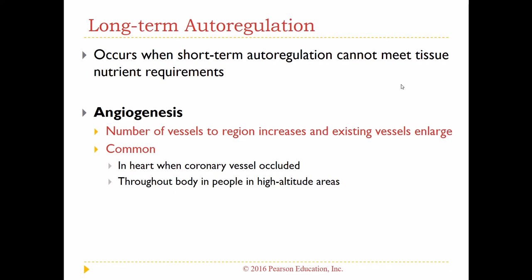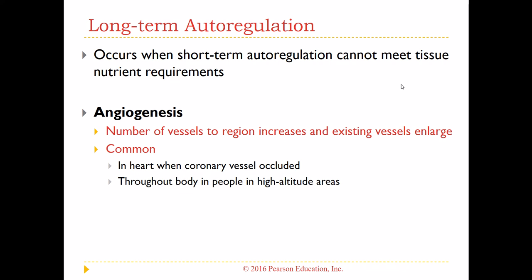You want good perfusion to the organs of your body. Your body can actually make new blood vessels. It's a process called angiogenesis. You make new blood vessels. The blood vessels that are already there will get bigger, and your body can kind of compensate that way.